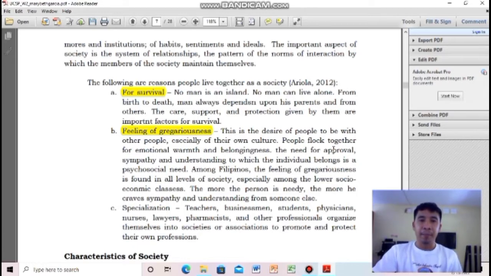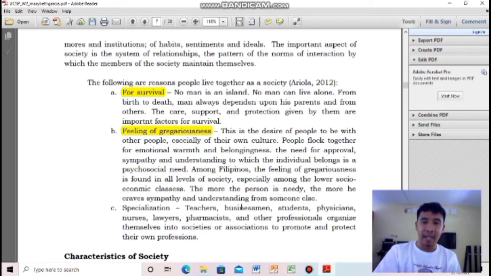The need for approval, sympathy, and understanding to which the individual belongs is a psychosocial need. Ang approval, maka-approval dapat iban gani para mabilong ka sa grupo ninyo. May mga bagay nga mahamba ka, dapat amo ka ni kay para bilong ka. So there are times na ginaobra nimo just to go with the group. Go with the flow ako kay para batunon ko nila.